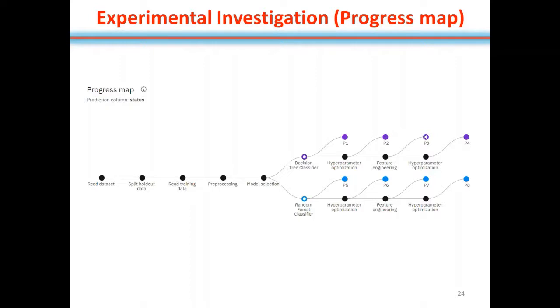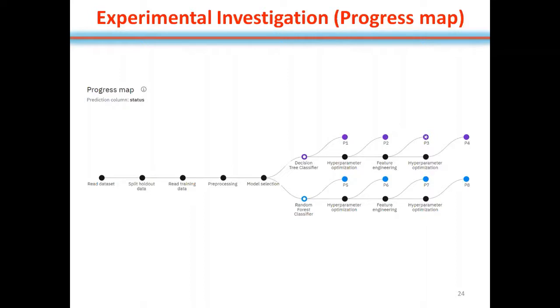In cross validation, I represented the progress map, where you can see that first it reads the data, then the data is split into two parts. First one is the training part and second is the testing part. The training part is used to train the model, and the testing part is used to validate the model.